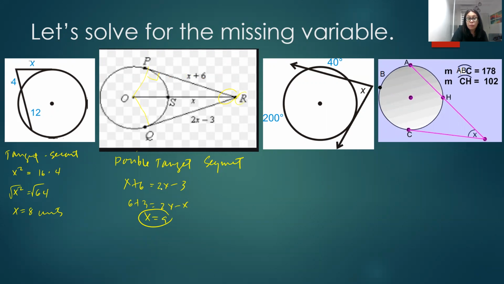So we can make use of the Pythagorean theorem, which states that the square of the hypotenuse, which is OR, is equal to the sum of the squares of the other sides. Since we know the value of x, we represent the radius by r.